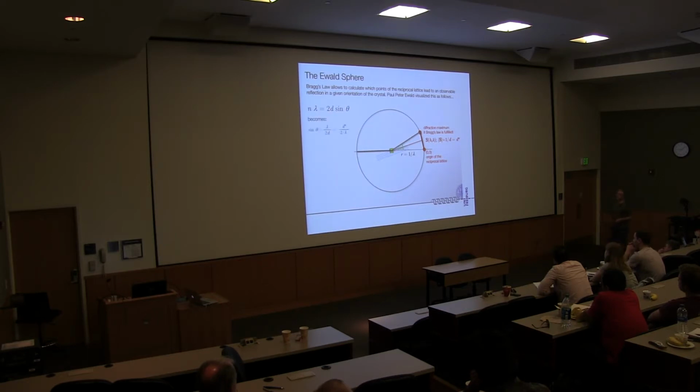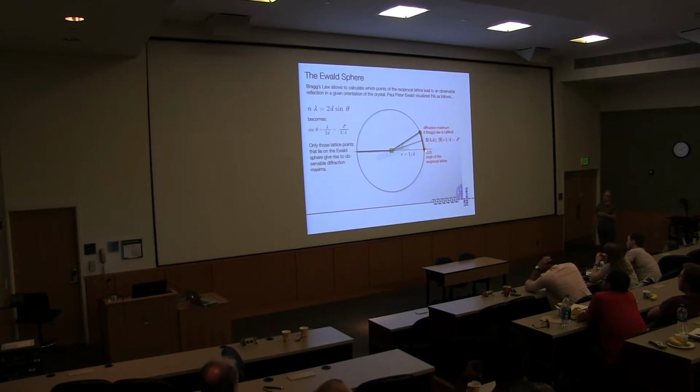And if you put that into Bragg's law, you basically figure out that Bragg's law is fulfilled if this distance fits in here, if this is 1 over d, and that is only the case on the surface of this sphere or on this circle in the 2-dimensional picture here. So only if a reciprocal lattice point falls on this Ewald sphere, you will get constructive interference.